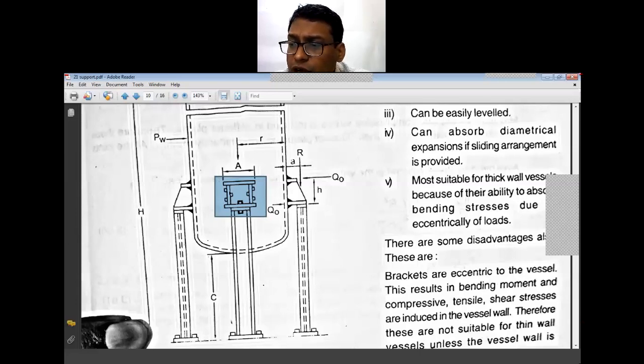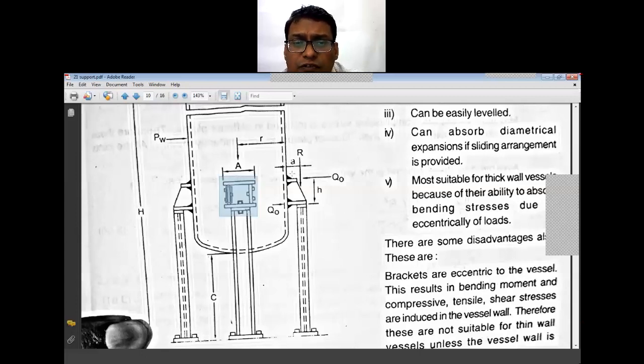Then there are two horizontal plates, which are called stiffening plates, and there are two vertical plates, which are called gusset plates. These types of stiffening plates and gusset plates can also be seen on the roadside associated with your skirt support or the base type of support.